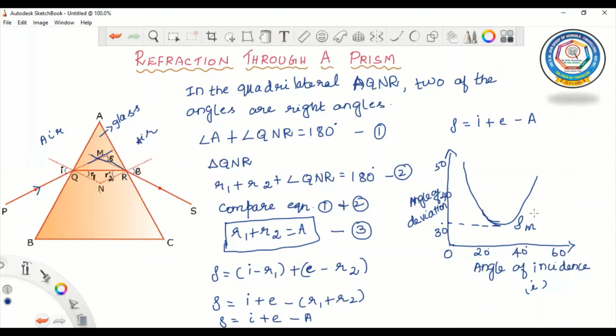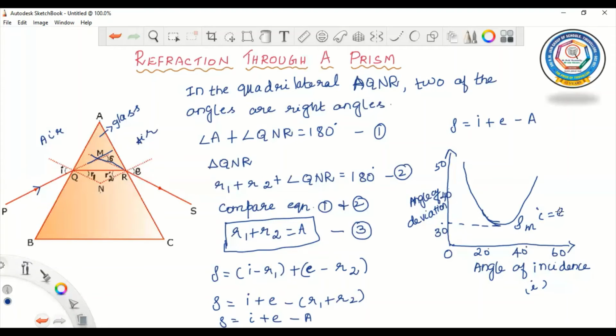At this position, the incident and the emergent rays are symmetrically inclined. Okay. So when the prism is placed in the minimum deviation position, the ray of light passes symmetrically through the prism. And we can also say that I is equal to E at this point. Okay, so this is very, very important here, children.